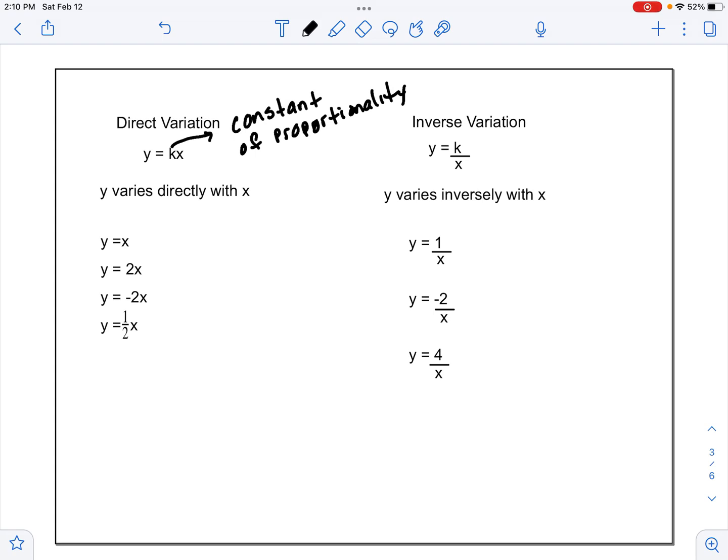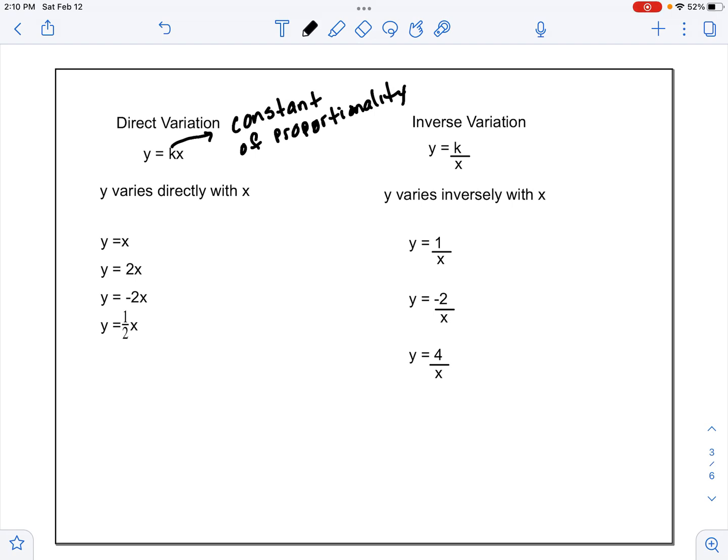So we're going to need to know that information in the lessons that are coming up, because the x and y value form a ratio to each other. So that's that proportionality. So really that k is just a fancy way of saying it's just a number, but we call it the constant of proportionality.